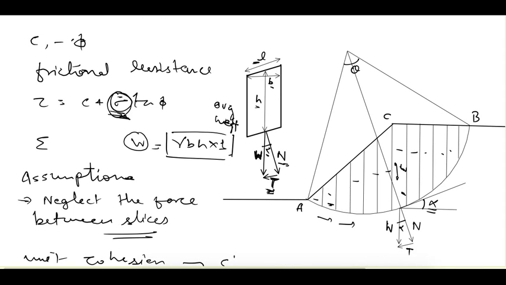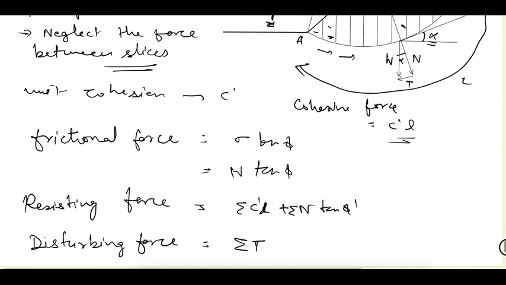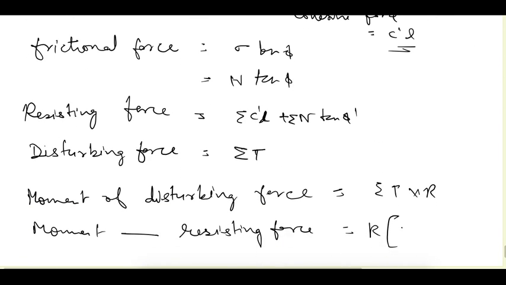If the total length is capital L and this small length is small l, the sum of the small lengths gives the total length. So we can write it as c dash capital L plus sigma N tan phi dash.